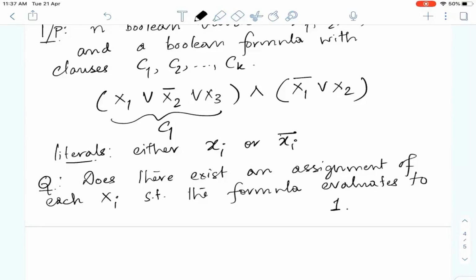This is the question that we are asking. That is, given this conjunction of clauses, is there a satisfying assignment to this formula?